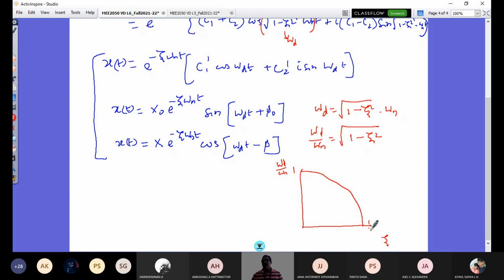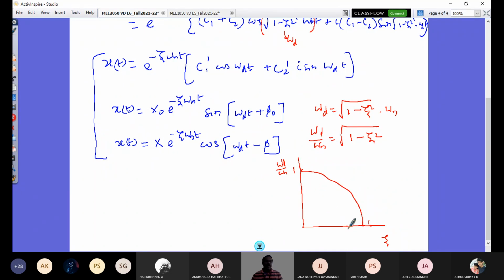When zeta is 0, omega d by omega n is 1 on this axis. When omega d by omega n is 0, I'll have zeta 1. So this is how I can represent it.